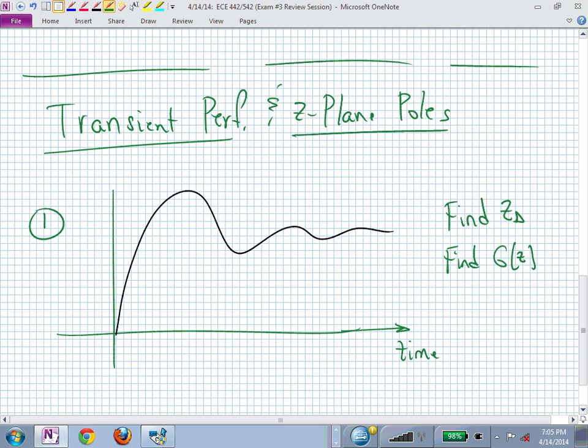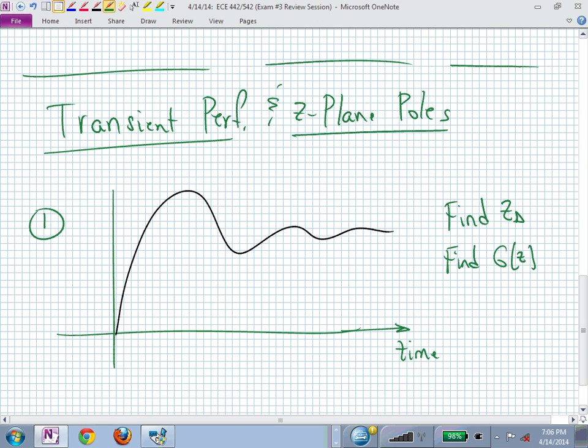So I'm not going to ask you to find the entire G of Z necessarily. I might say this plant produced this response. Tell me what some of that G of Z consists of. In particular, I'm wanting you to find 2 of the poles, and maybe the gain.